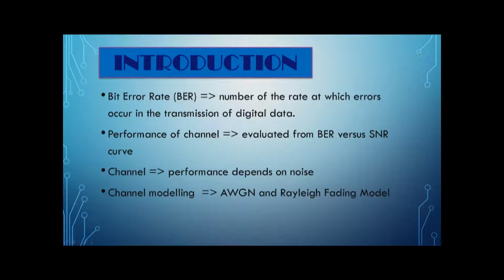So what is the Rayleigh fading channel? In this case, there is no line of sight component present, because of obstacles and reflections, the transmitted signal arrives at the receiver over multiple paths.